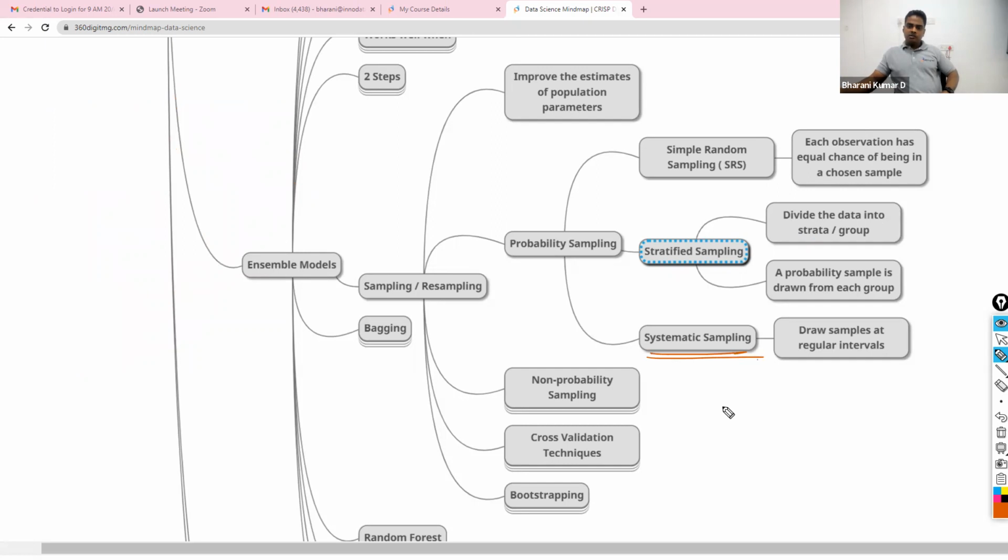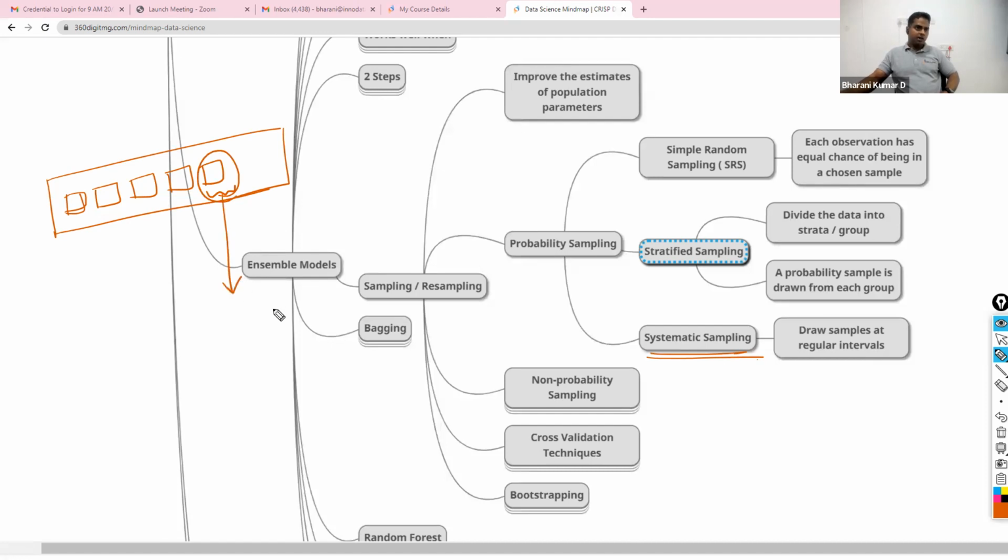Systematic sampling is usually used in manufacturing. If you have a circuit manufacturing plant, you might say that every fifth circuit board manufactured, I'm going to take as a sample and audit for quality purposes.